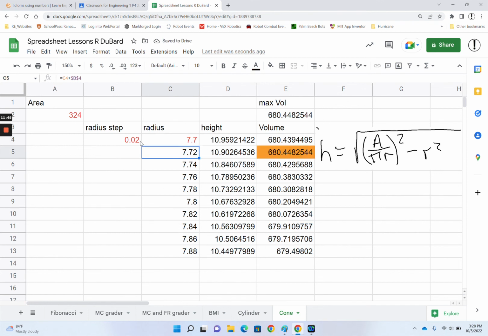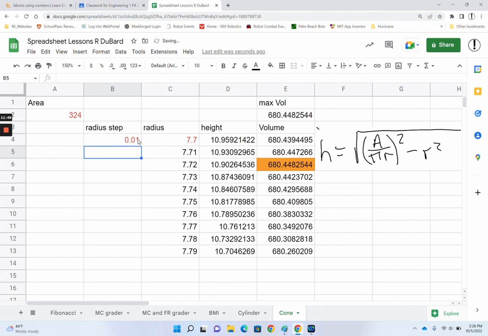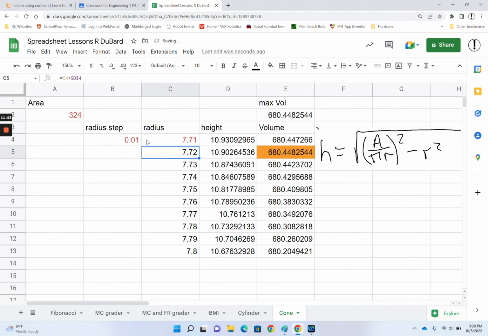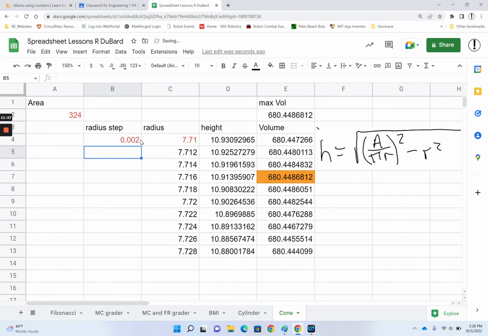And then let's change this step to 0.01. It's like 7.71 is a good starting point. And we'll increase by 0.002. Looks like 7.716 gets us a volume of 680.4486. It's one of these two in here.